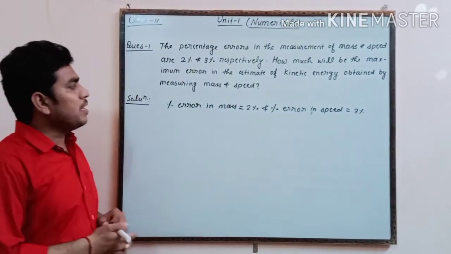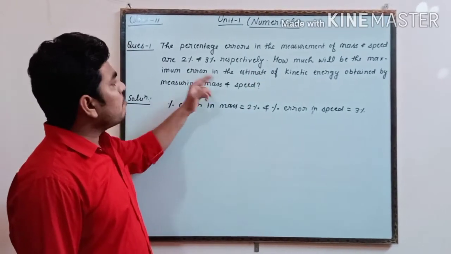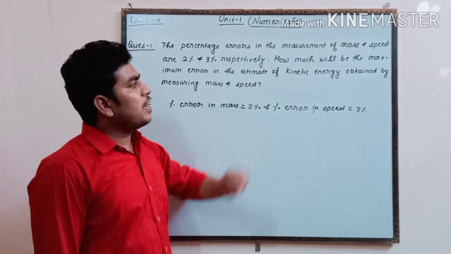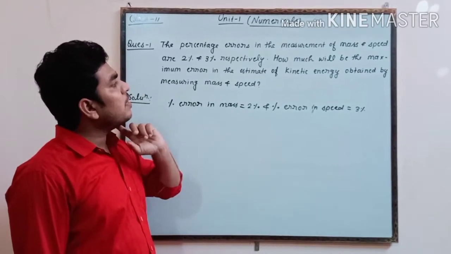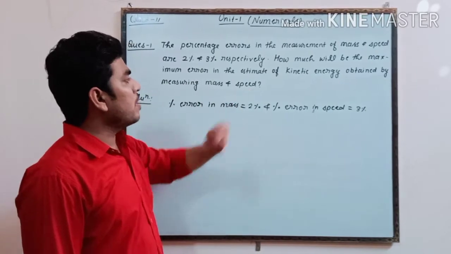These are our given particulars. How much will be the maximum error in the estimate of kinetic energy? हमें kinetic energy में maximum error find out करनी है obtained by measuring mass and speed.